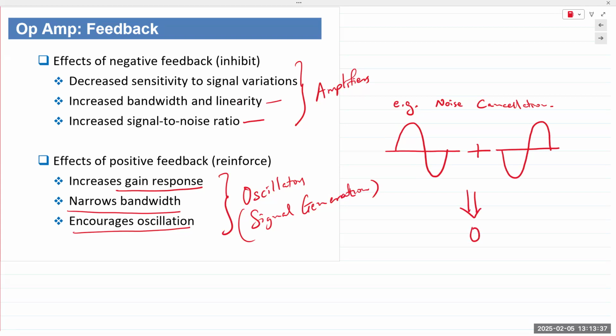So with an inverting amplifier, you can invert your input signal. Any noise signals that are captured can be inverted 180 degrees and added to the same noise signal, and your resulting output would be 0. That's noise cancellation.